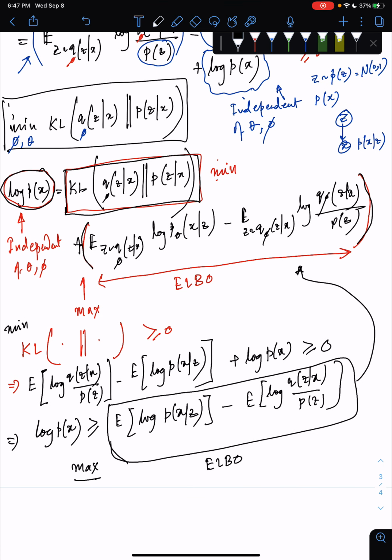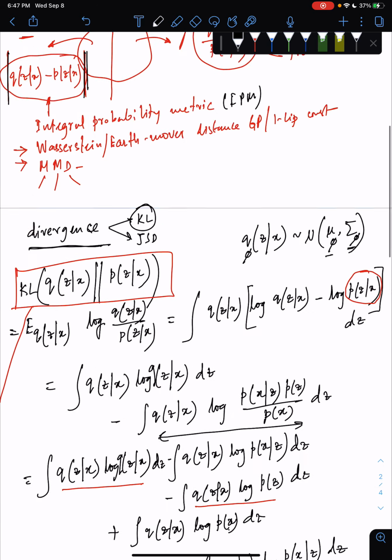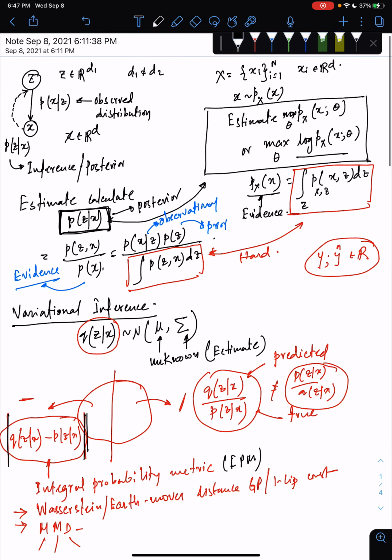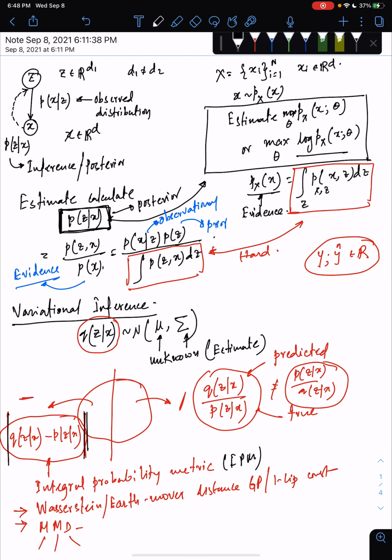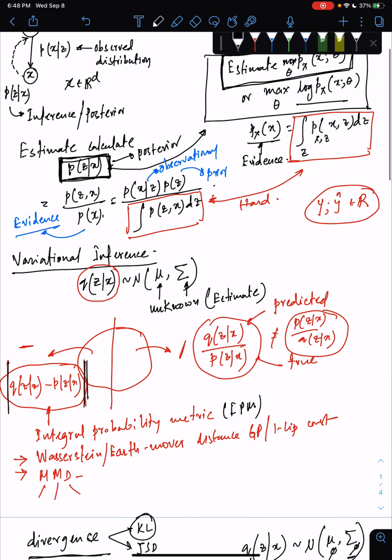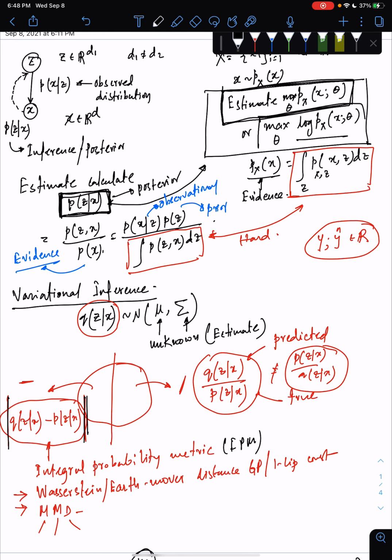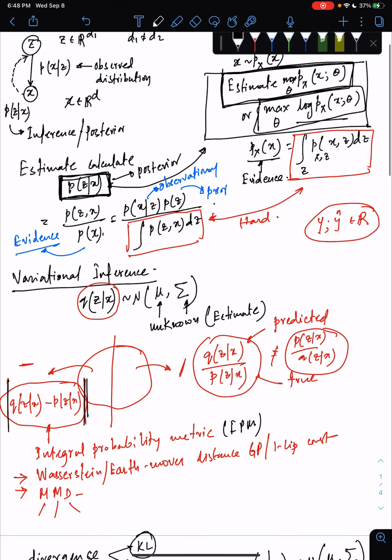Now there can be another interpretation of this loss. In the very beginning, I said that our starting point can be the posterior or the marginal, the maximum likelihood estimation.